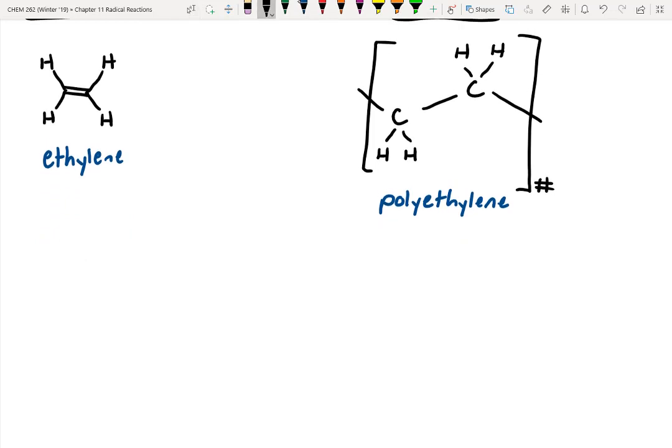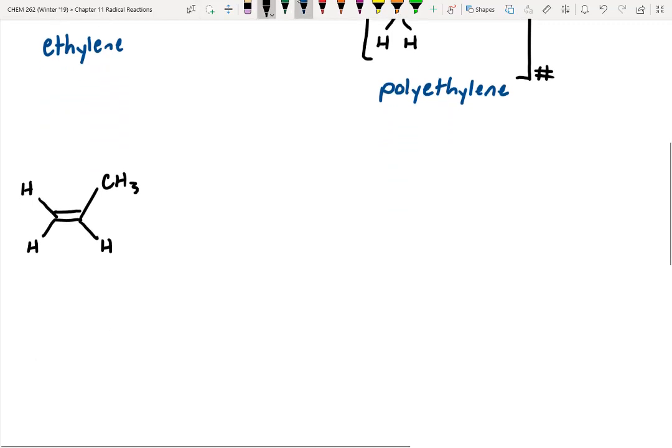The next one is pretty similar. However, one of the positions is going to be replaced with a CH3, and this is called propylene. And just like before, you can link these together into one giant polymer.